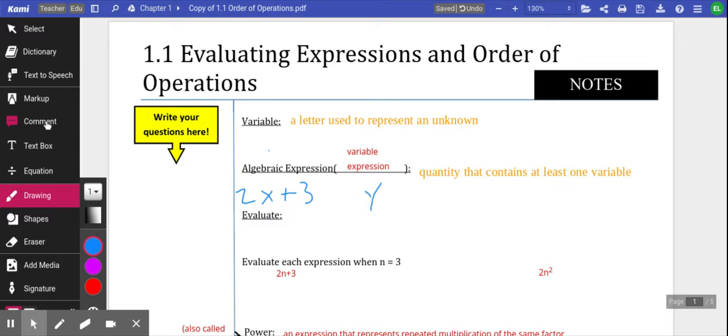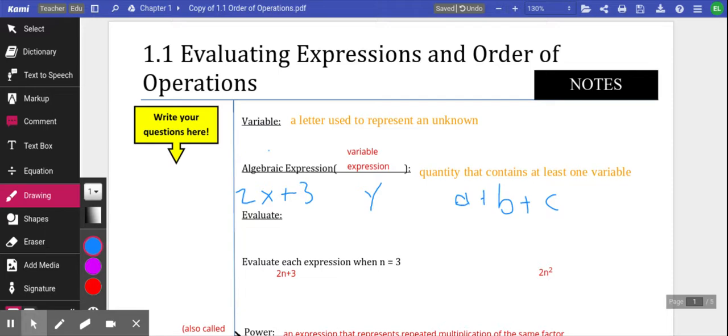Y itself is an algebraic expression. A plus B plus C is an algebraic expression. So again, anything that represents a quantity but contains at least one variable.